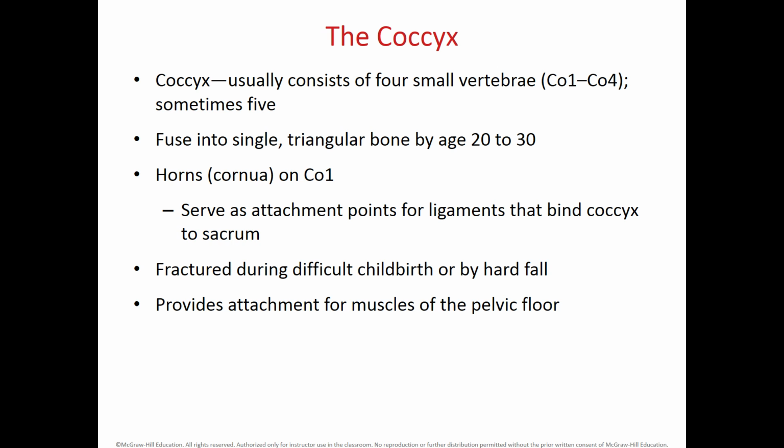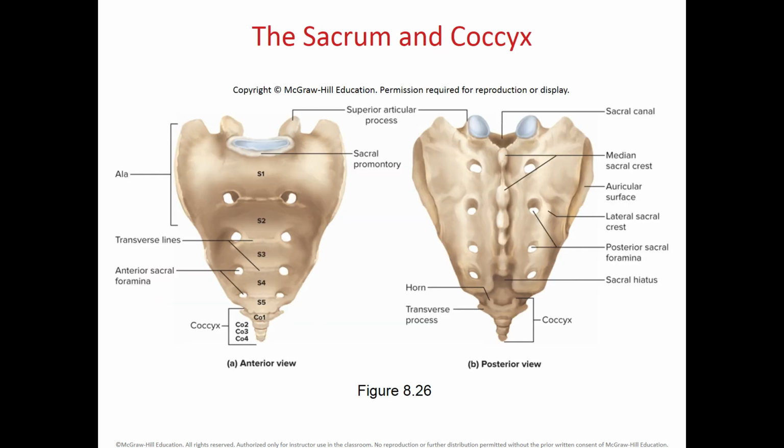Sometimes the coccyx can be fractured during the birth of babies. During difficult childbirth, females can break the coccyx, or if someone has a hard fall. And it's a bone that provides attachment for several muscles of the pelvic floor.